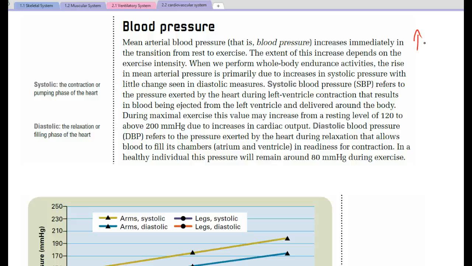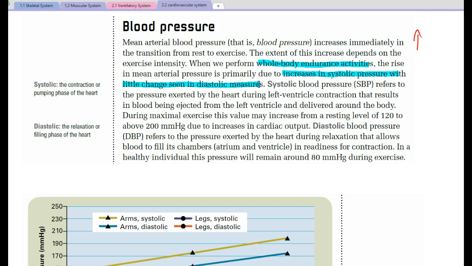When we perform whole body endurance activities, the rise in mean arterial pressure is primarily due to increase in systolic pressure with little change in diastolic measures. So here, whole body endurance activities, the increase in pressure is mainly to do with systolic and little change in diastolic.